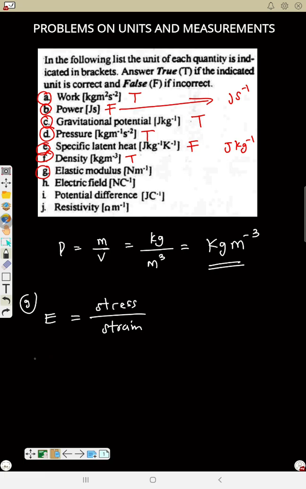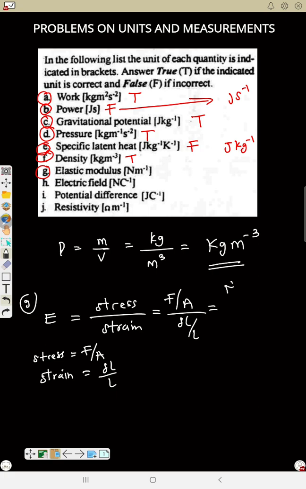And what is stress? Stress is force over area, while strain is the change in length over length. If I combine it, stress is force over area, while strain, change in length over length.